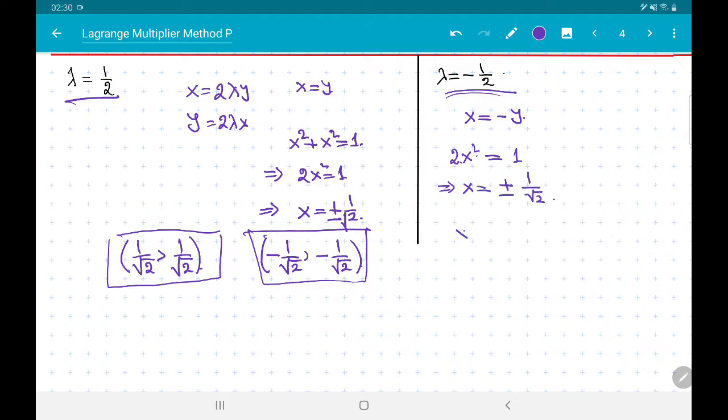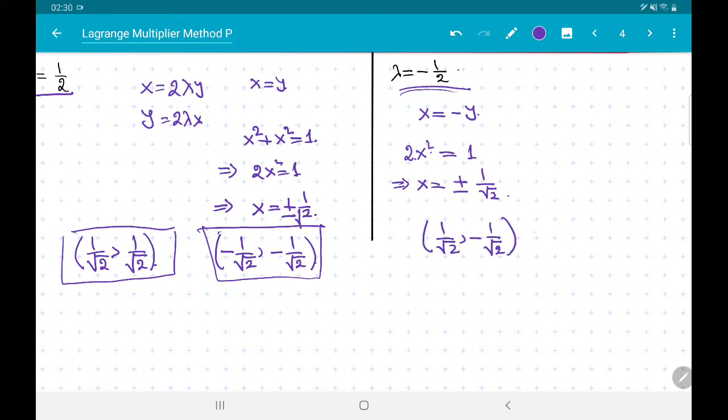So what happens if x is equal to 1 by root 2? Then y is equal to minus of x. The corresponding point is minus 1 by square root 2, and if x is equal to minus 1 by square root 2, then we have 1 by square root 2.